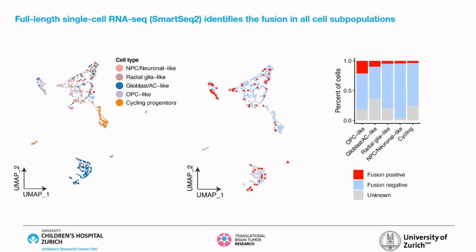We also have matching full-length transcript single-cell data, so SMART-Seq2, and we could also identify the fusion read in all cell types, right? Further suggesting that radioglial-like cells are the cell of origin.